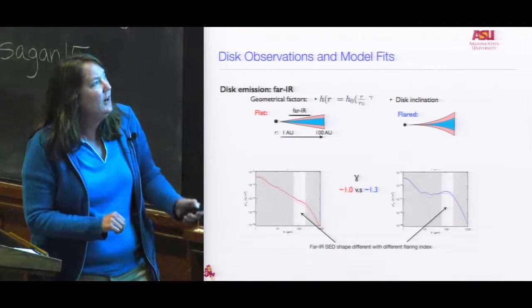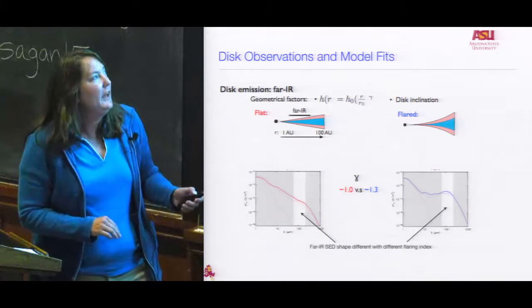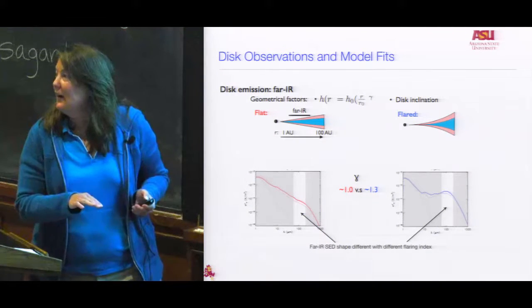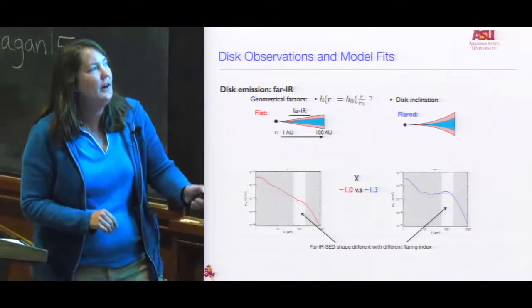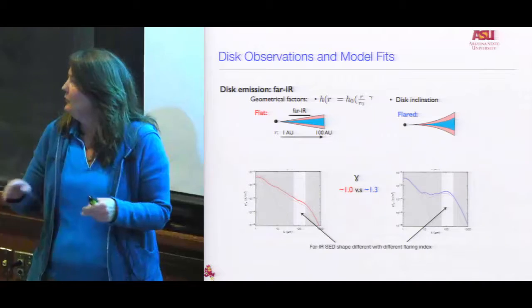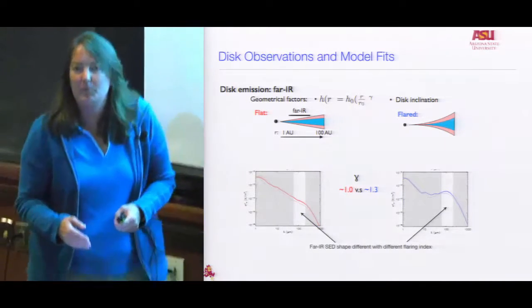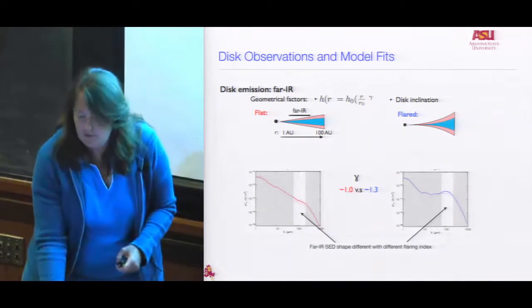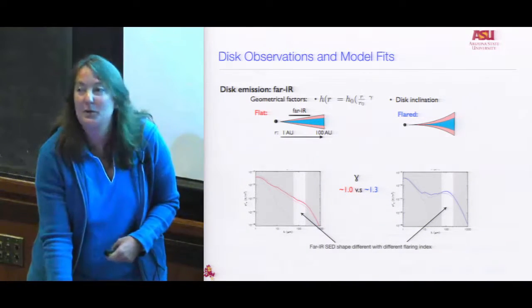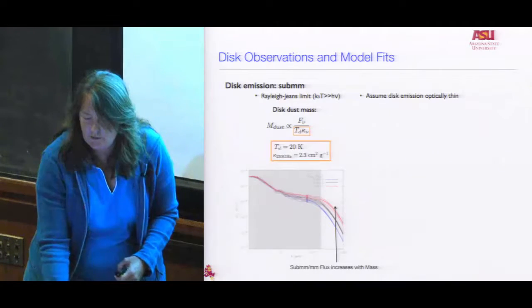What you see down here are two disks that are otherwise the same, but have different amounts of flaring. With different amounts of flaring, in this white zone, which is covering the far IR wavelengths, you'll have a different shape in the spectral energy distribution. So this gives you an idea of how, even from unresolved data, it's possible to learn about the disk properties. And then that can be factored in to starting points for planet simulations.